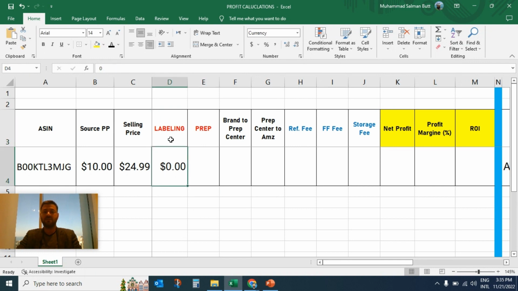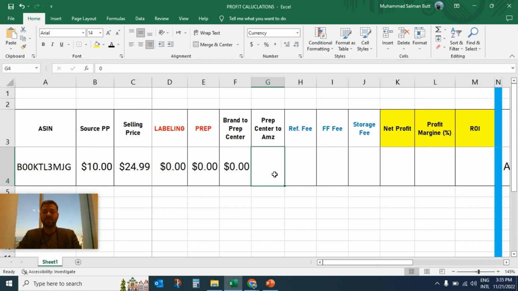I am considering that I don't have to pay a labeling fee and I don't have to pay a prep fee, because the brand will be directly shipping the product to the Amazon FBA warehouse. So I don't need any prep services, and I will mention it as zero.